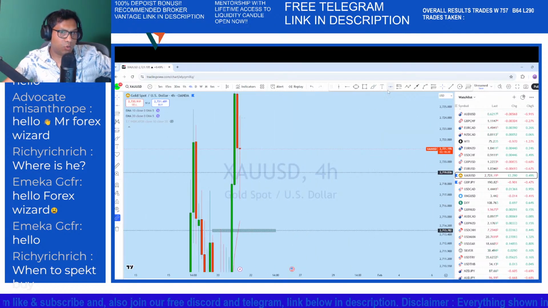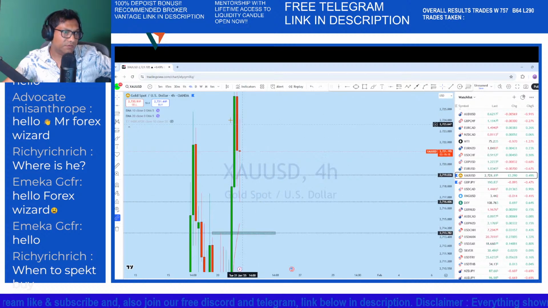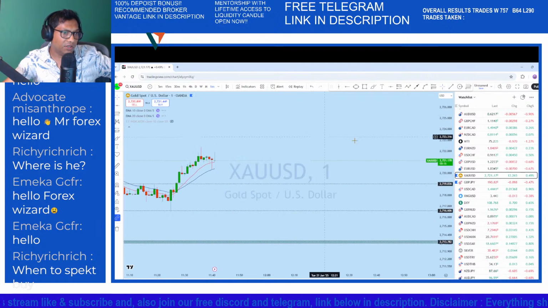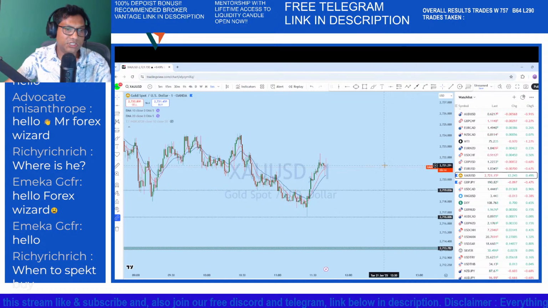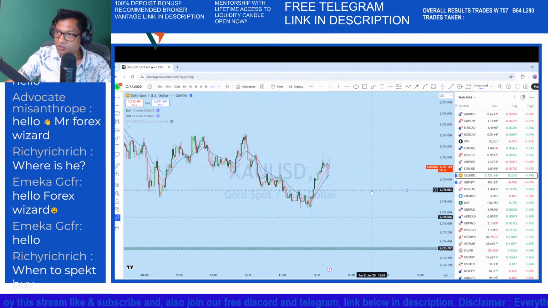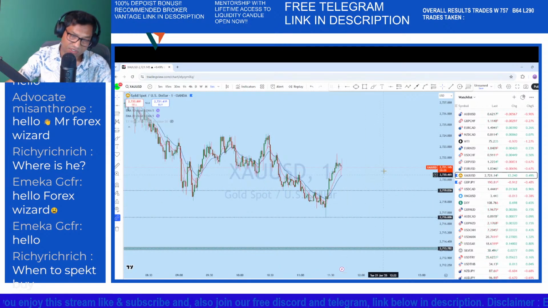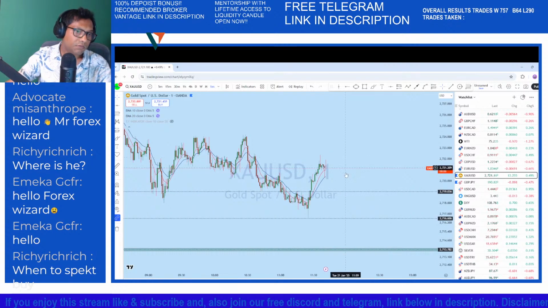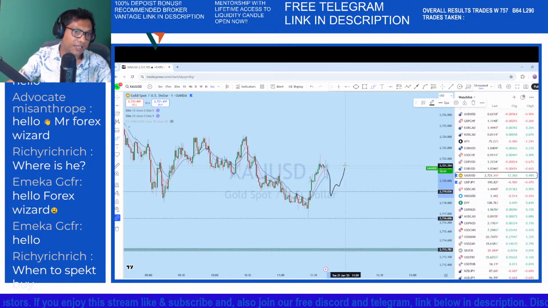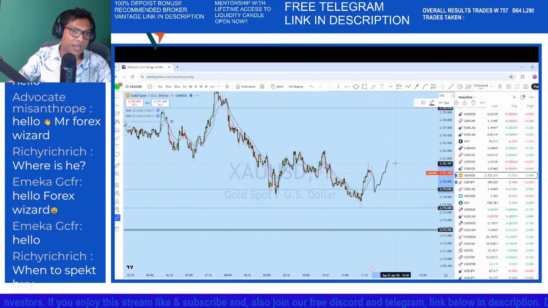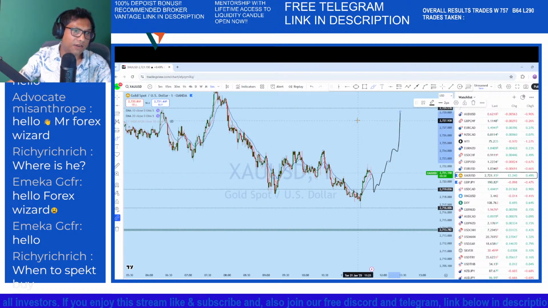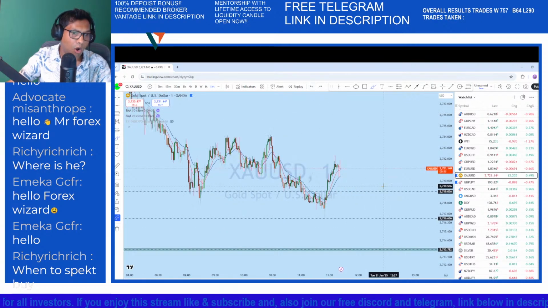This is an important level. I want to see the market come back to that support level, the previous resistance turning support, expecting XAUUSD to drop and grab liquidity and then bounce back up, potentially to that resistance line where there is an order block.